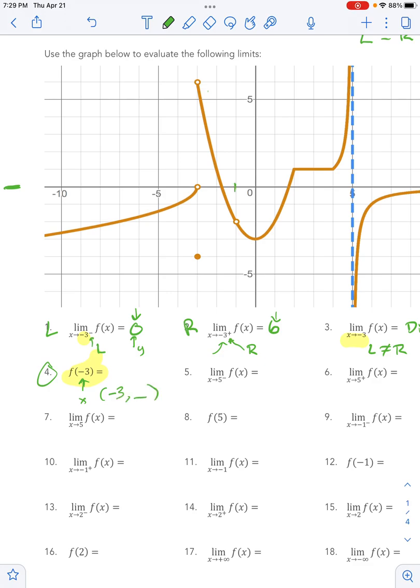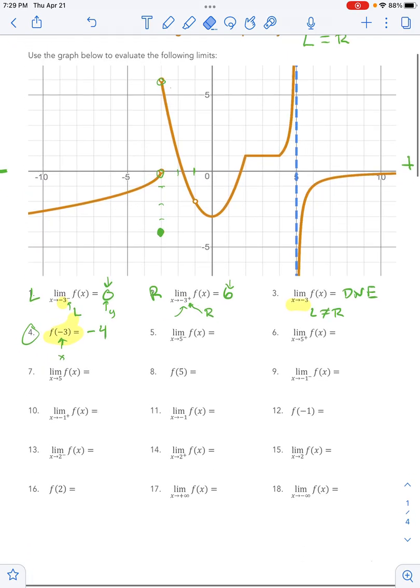So at -1, -2, -3, this is open and this is open, but this is the actual value, and that's at -1, -2, -3, -4. So my answer for this would be -4. That's not asking for a limit. It's not asking what it approaches. It's straight up asking you what the y value is at -3.